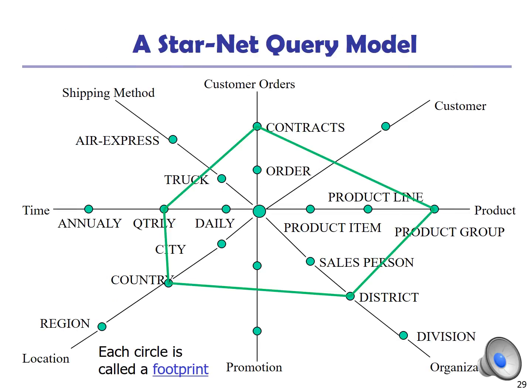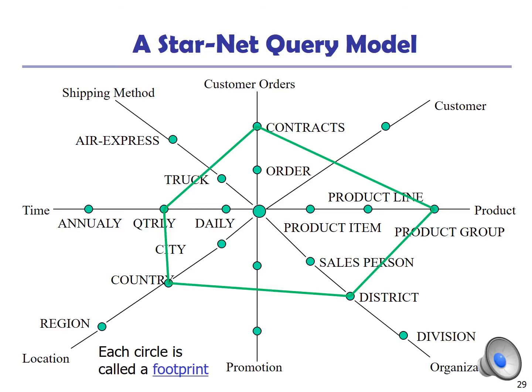This slide shows what is called a StarNet query model. Each of the lines radiating from the center outwards represents a different dimension in your data cube, and each of the circles on these lines is a different level of hierarchy for each of these dimensions. Each of these circles is also called a footprint, and it represents an abstraction level for each dimension.